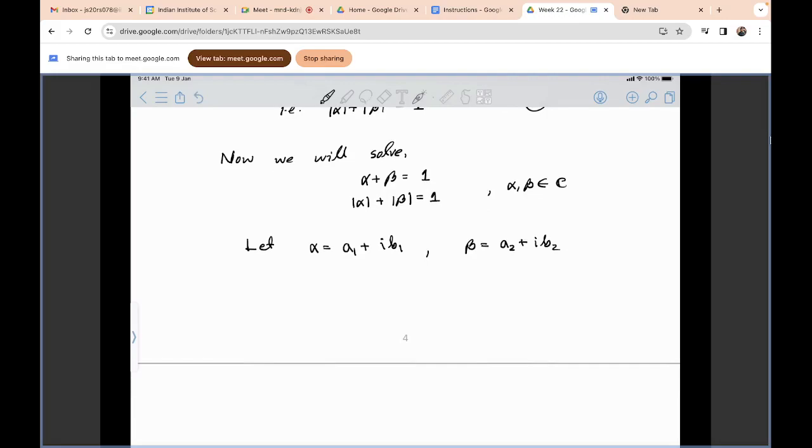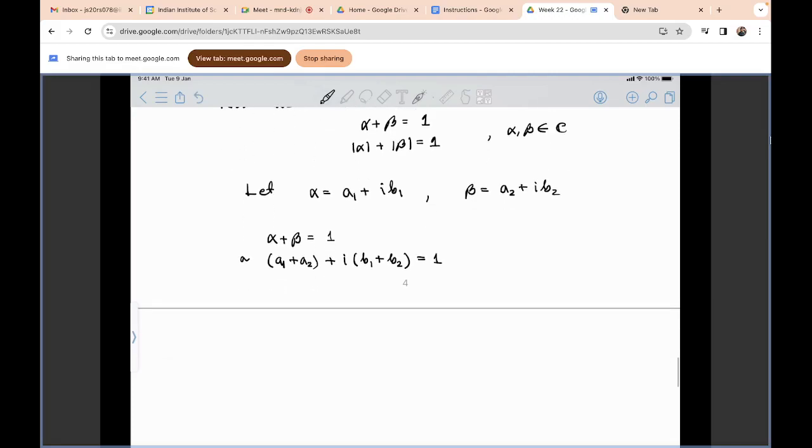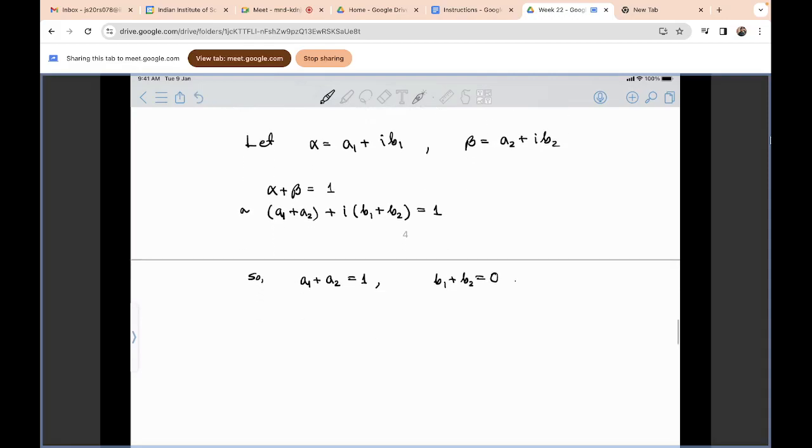So the first condition, alpha plus beta is 1, means A1 plus A2 plus i(B1 plus B2) is 1. So A1 plus A2 is 1 and B1 plus B2 is 0. So we get this: A2 is 1 minus A1 and B2 is minus B1.